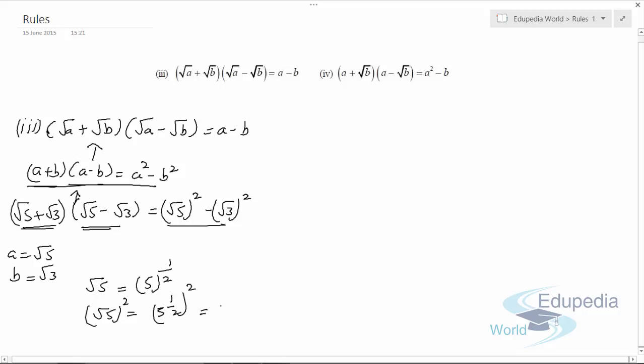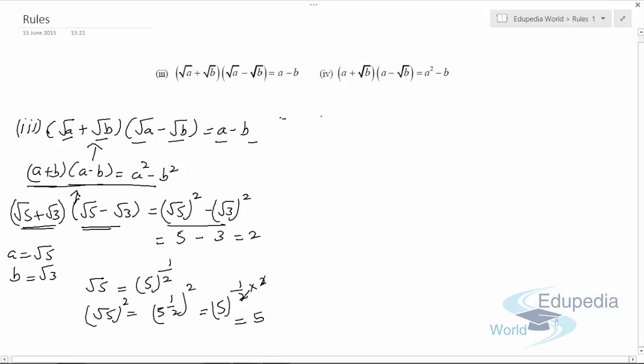So this comes out to be 5 raised to power 1 by 2 into 2. So this and this get cancelled. So the answer will come out to be 5. Now this can be written as 5 minus 3, so the answer will come out to be 2. So that's why under root of A plus under root of B into under root of A minus under root of B is A minus B.